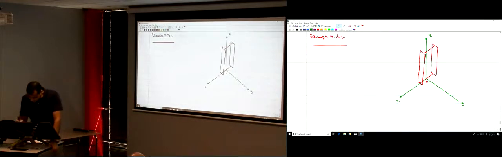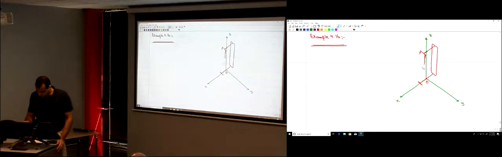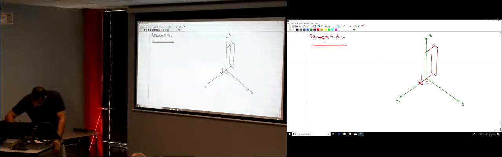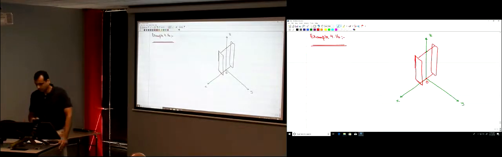So let's see here what we have. We have a force. This is point C. Let me try to draw this in a better way. So this point is right in the middle.